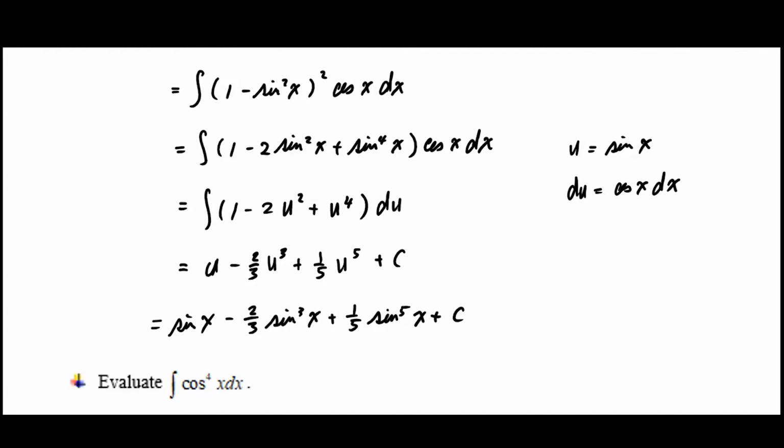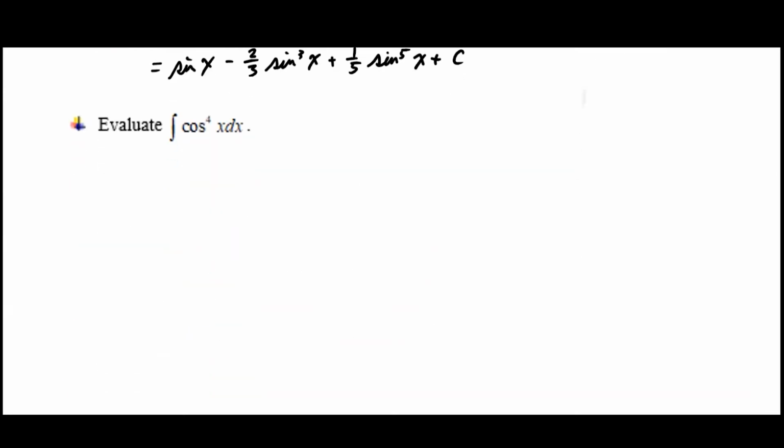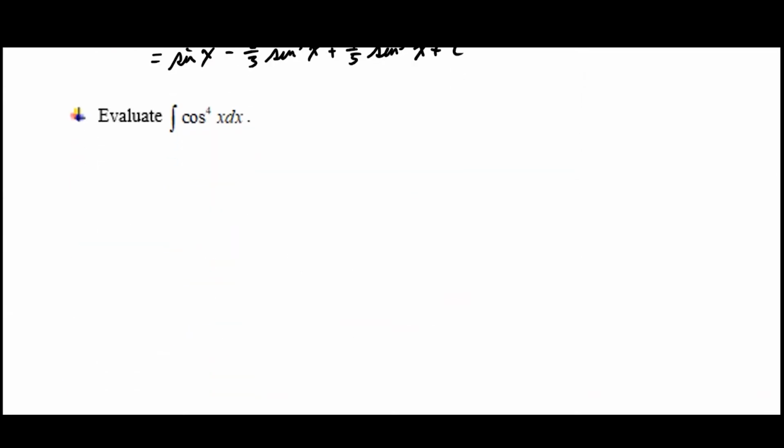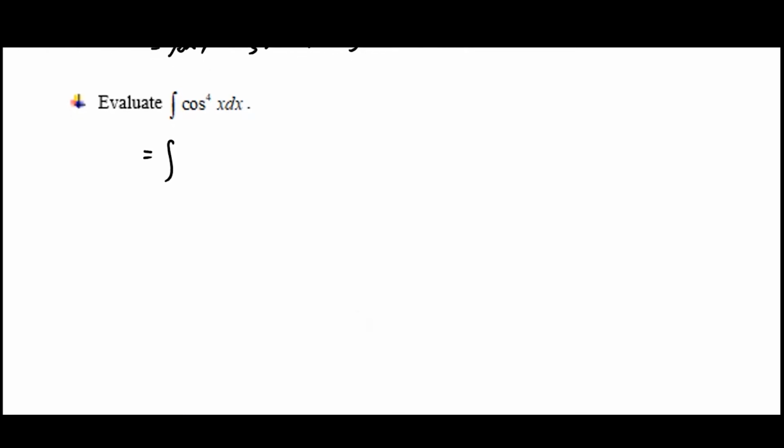Okay, then this next one doesn't look as scary now, right? We'll deploy the same tactic. So this one, of course, is then equal to cosine cubed x, and cosine x dx, right? Then what?